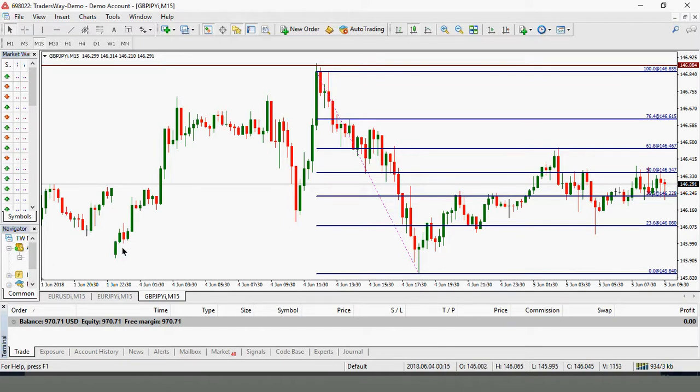It does go up, it moves sideways into consolidation, takes a dip, moves up, goes down.